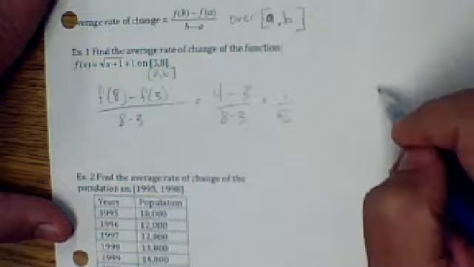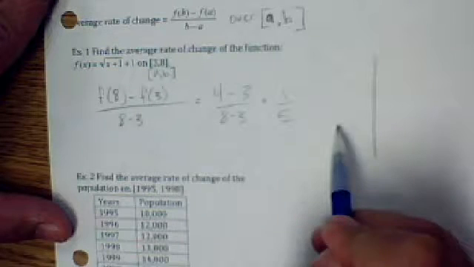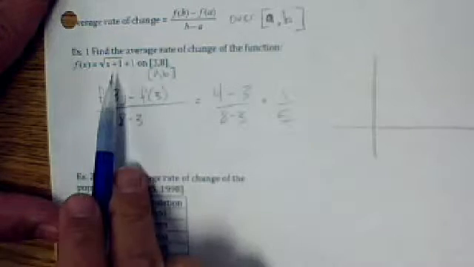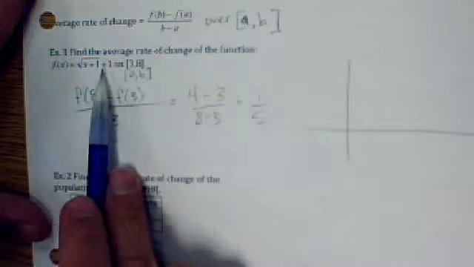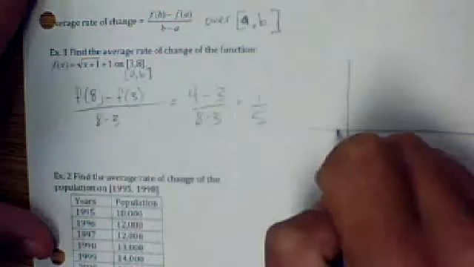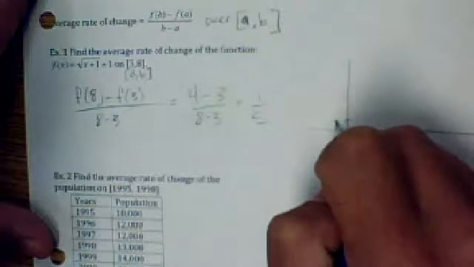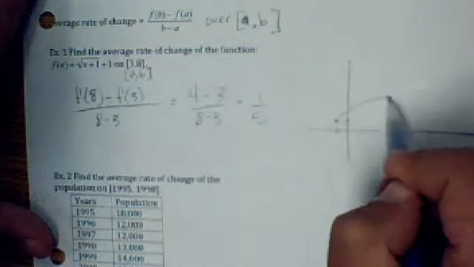Okay, so what we just found, if you were just looking at the graph, we've got a square root graph that moved to left 1 and up 1. And that graph looks something like this.